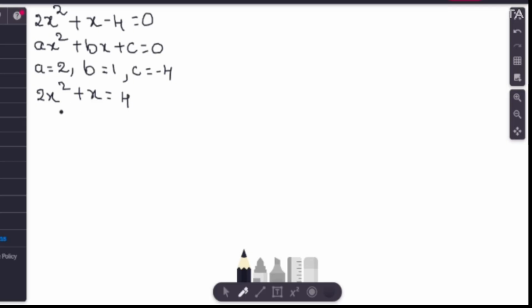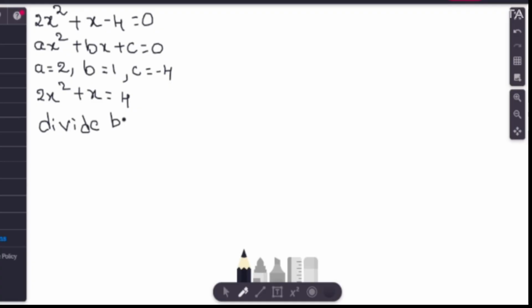Next step is, here x square is having coefficient 2. We have to convert this as 1. So divide the overall equation by 2. If x square is having 1 as coefficient, no need to divide. If here it is 2 is there, that's why we have to divide by 2.